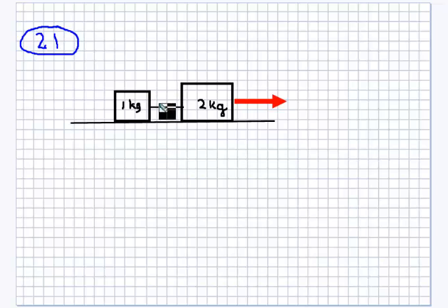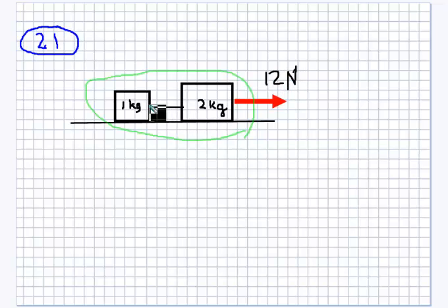On this one, you're asked to find the tension force between the two blocks. The hint I'll give you on this one is you want to first choose as your system both blocks together. And if you choose that as your system, this force, which is 12 newtons pulling us to the right, would become the net force.